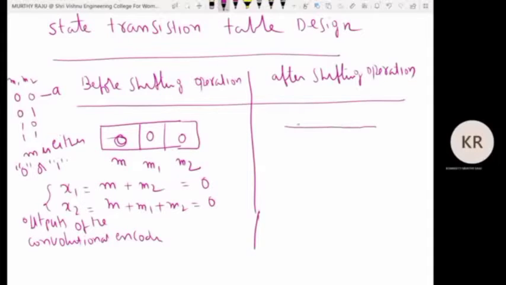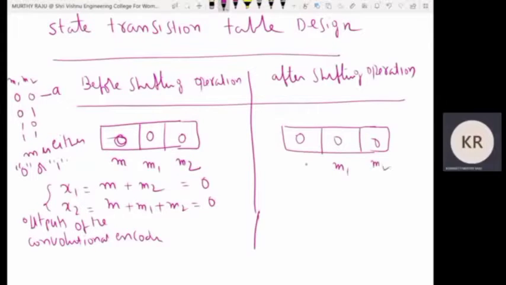Next one. Perform the shifting operation. This one is M, M1, M2, 0, 0, 0. This M bit is shifted into M1, that M1 bit is shifted into M2, and the M2 bit is shifted out, that is discarded.